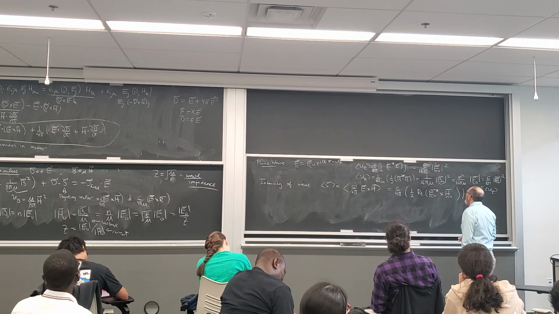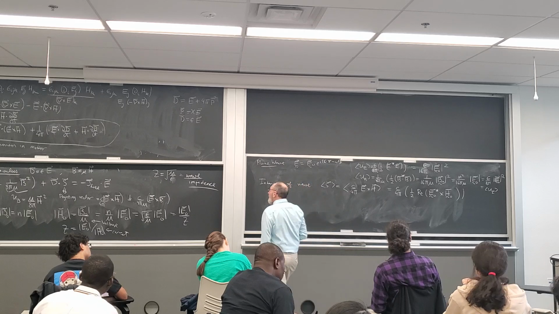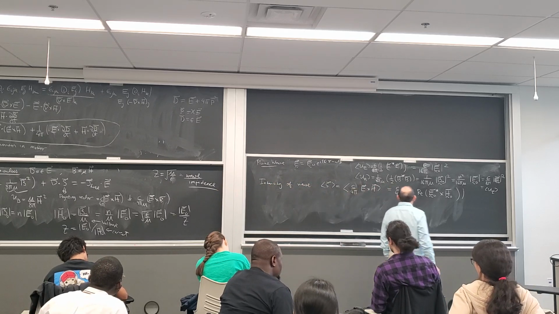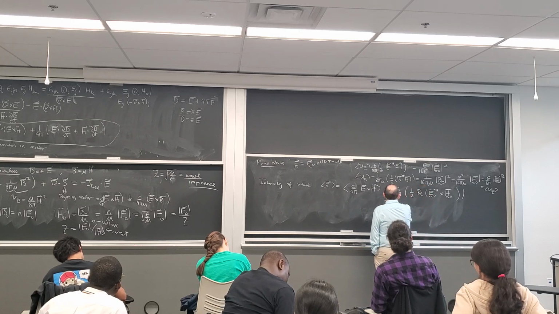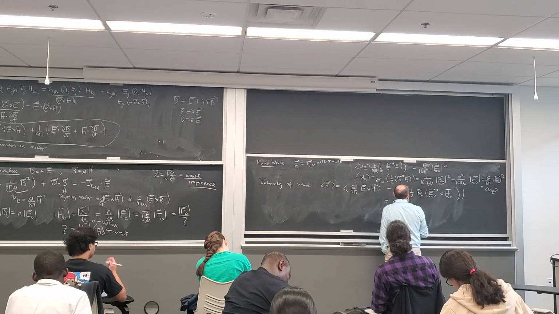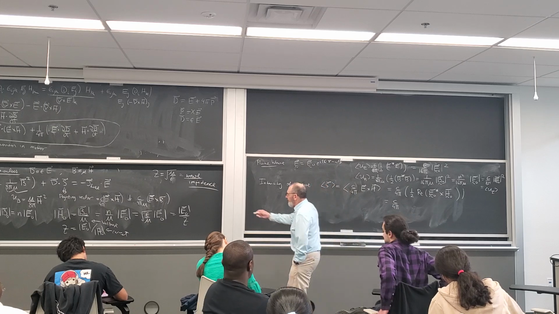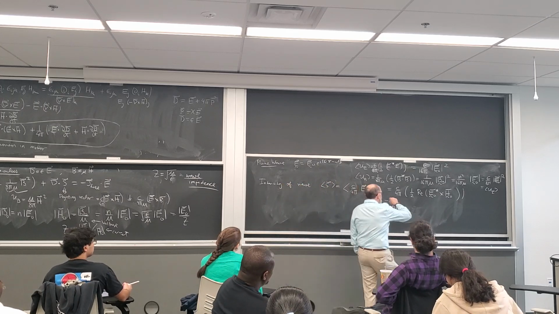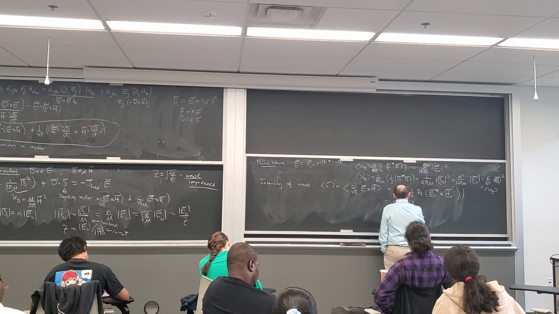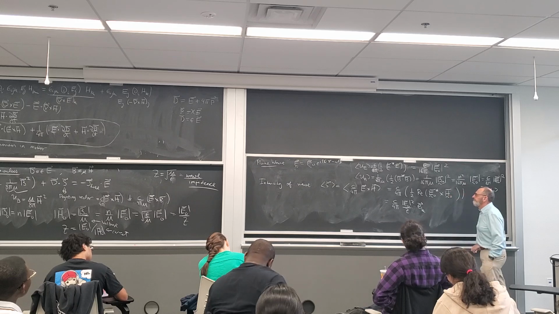Now, H we can write as E over the wave impedance. So this is equal to c over 8 pi. The cross product is in the direction of propagation, so this is equal to E0 squared over the wave impedance in the direction of propagation.